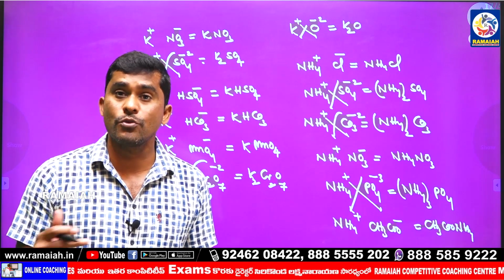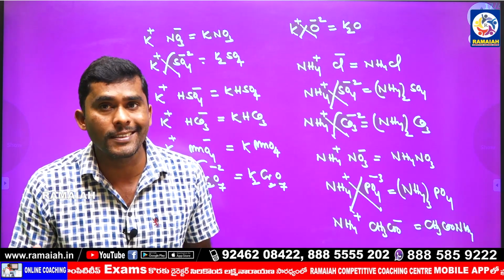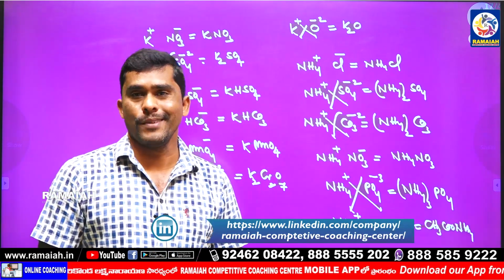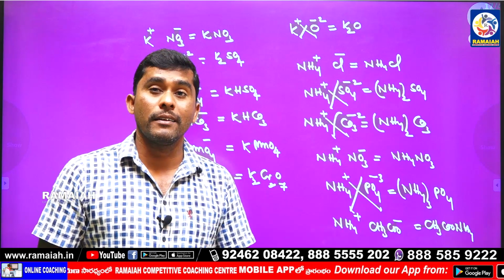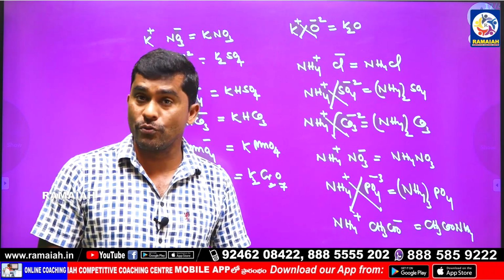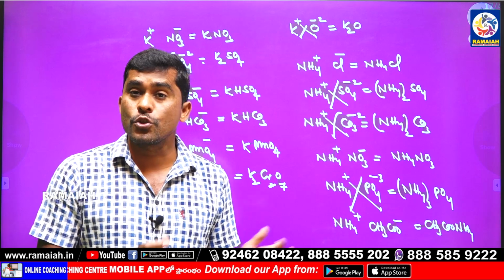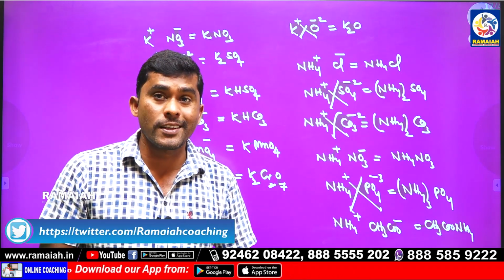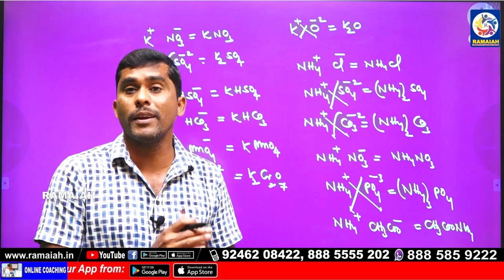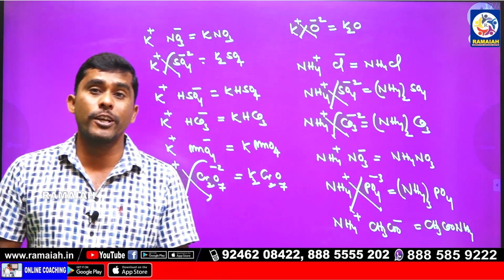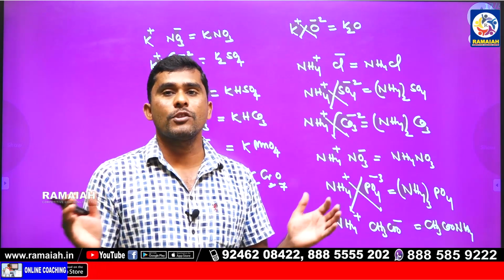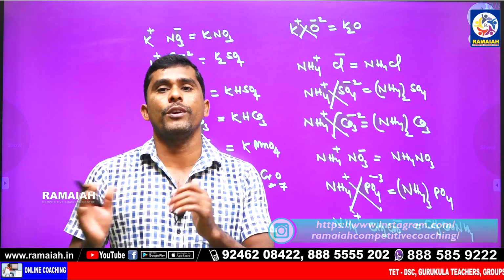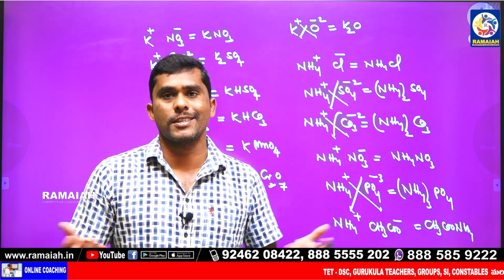Then the formula is NH4 taken twice Cr2O7. Ammonium bromide: NH4 plus, bromide Br minus, so the formula is NH4Br. Ammonium hydroxide: NH4 plus, hydroxide OH minus, so the formula is NH4OH. Simply we write NH4OH. It is the formula of ammonium hydroxide.